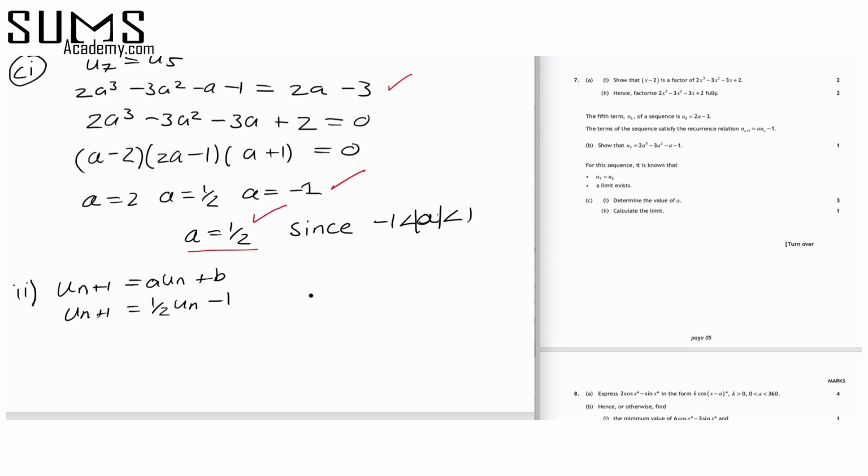Now we can use our formula for the limit, which is L equals b over 1 minus a, which becomes minus 1 over 1 minus 0.5, or a half. So this just becomes minus 1 divided by 0.5, which is the same as saying double it, so it becomes minus 2. So the limit is -2. And that's it, and that's your 1 mark for stating that.